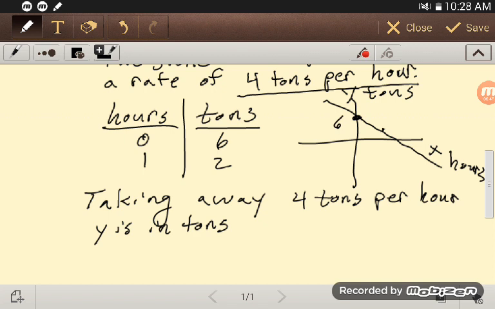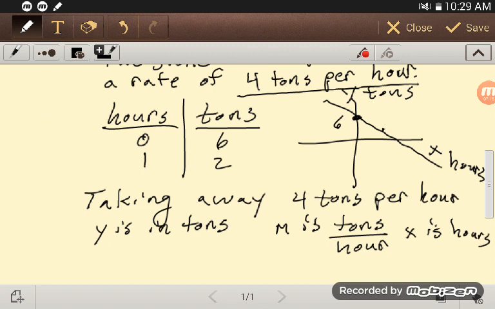As I look at this, I see that it's a rate, and so I think that's probably a slope. That also works out really well, in that if I say m is tons per hour, that would make sense, and my X would be hours.